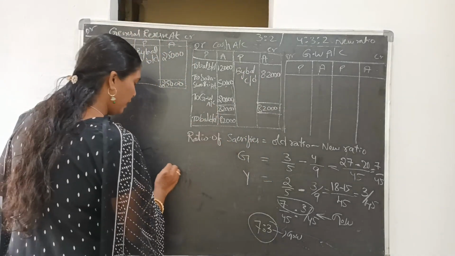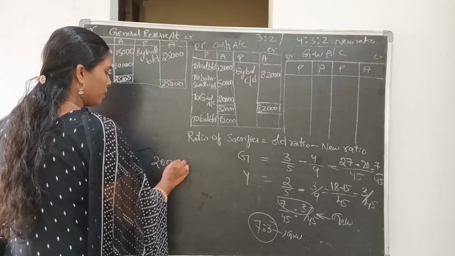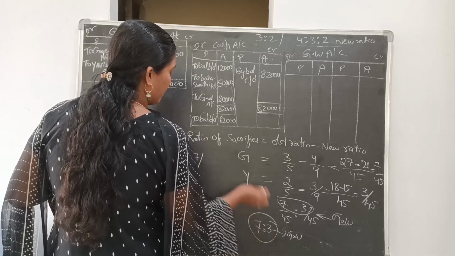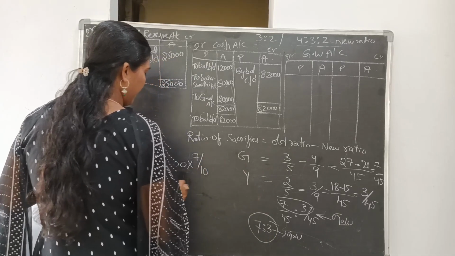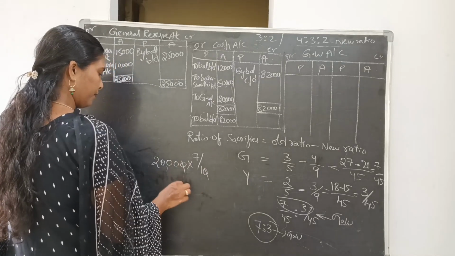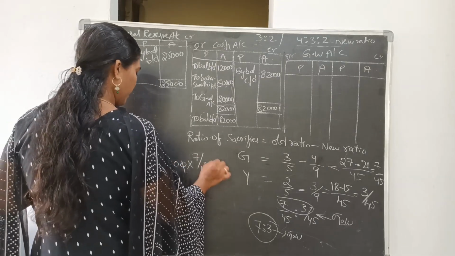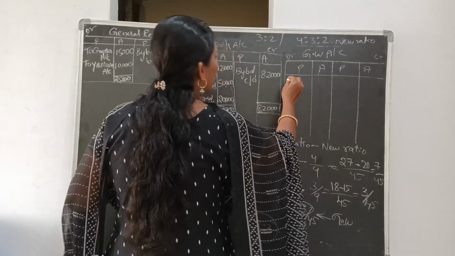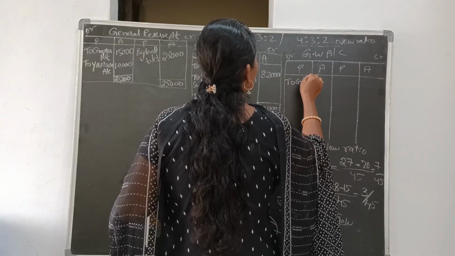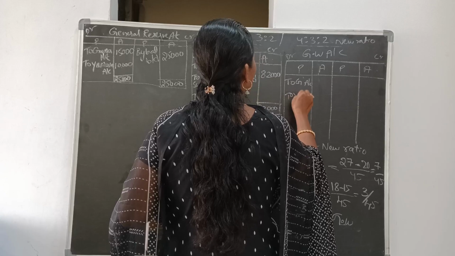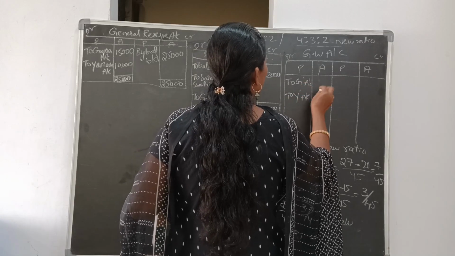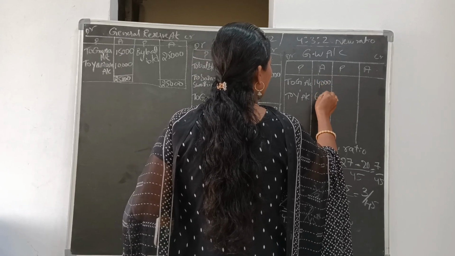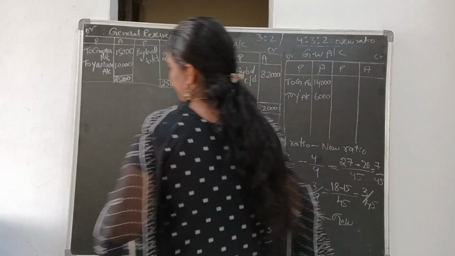What is the amount of goodwill? Amount of goodwill is 20,000. So this 20,000 I am going to distribute according to the ratio 7 by 10. 14,000 is Ganga's, to Ganga's account, and to Yamuna's account the remaining 6,000 of the goodwill amount.